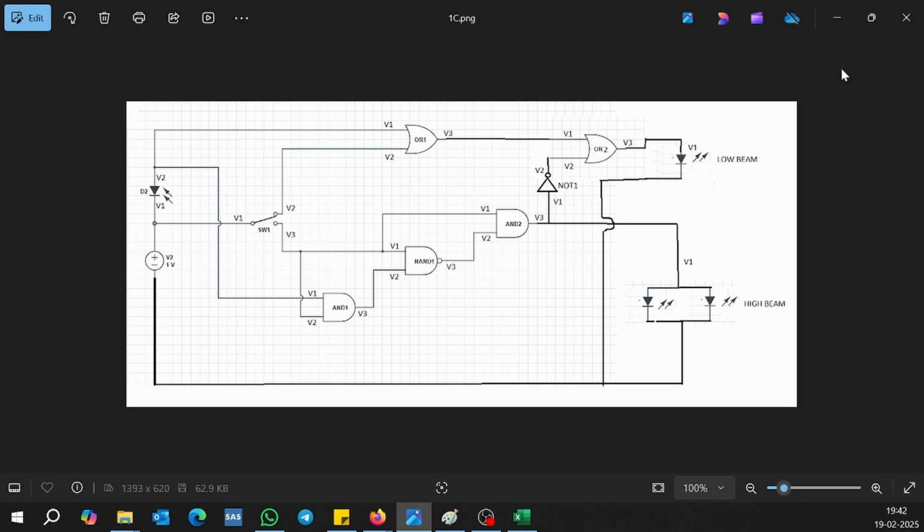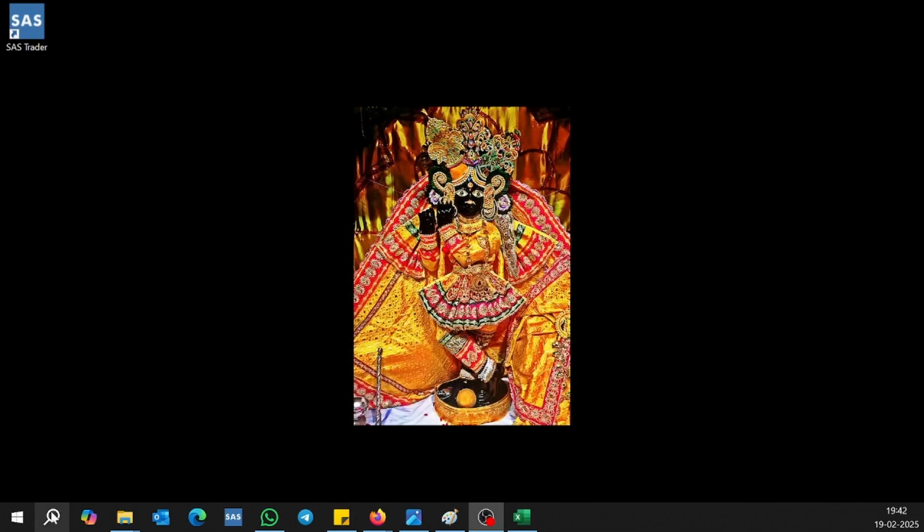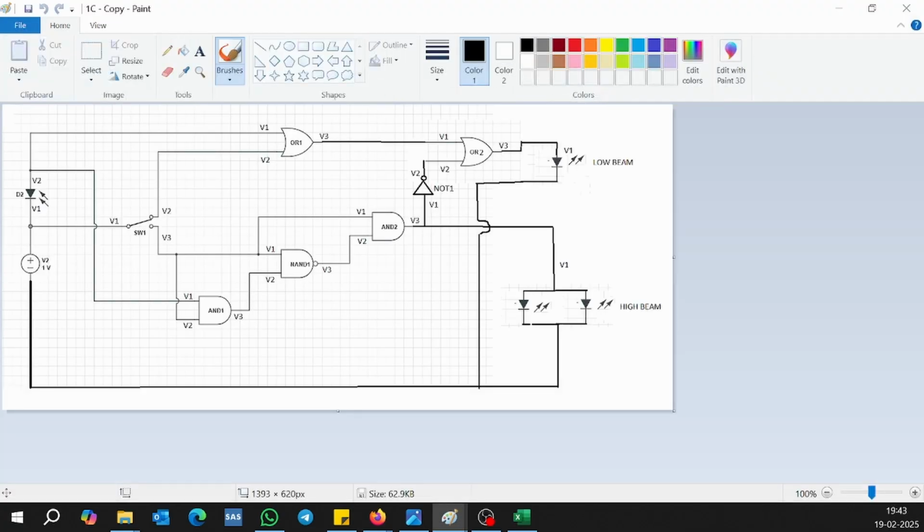Okay, so wait a second, I'll open it in a way so that I can draw on top of it. Yeah, so now I'll draw on top of it and then I will show you.